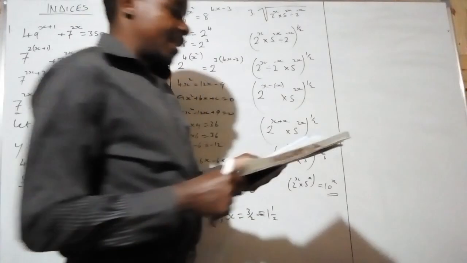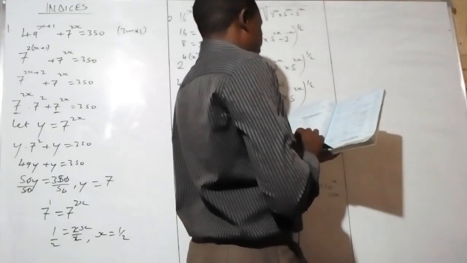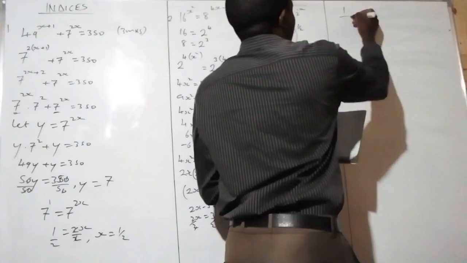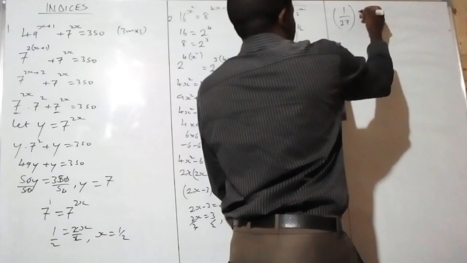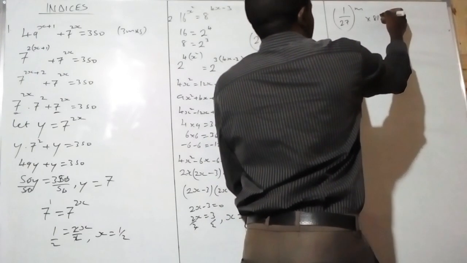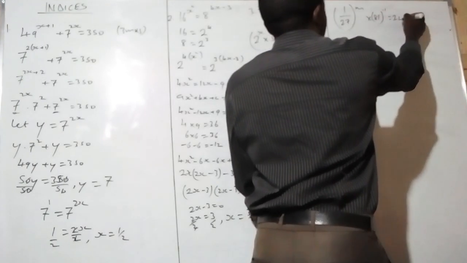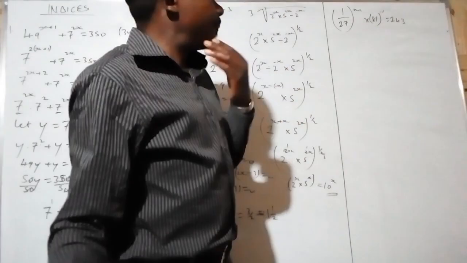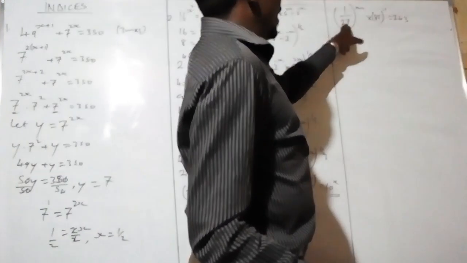Next, we've been given 1 over 27, in bracket raised to power m, times 81, in bracket raised to power negative 1, is equal to 243. We can reciprocate this. Here we had 1 over 27 to power 1.